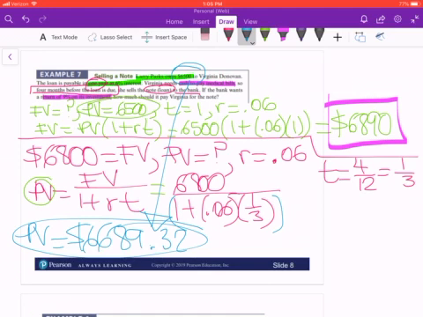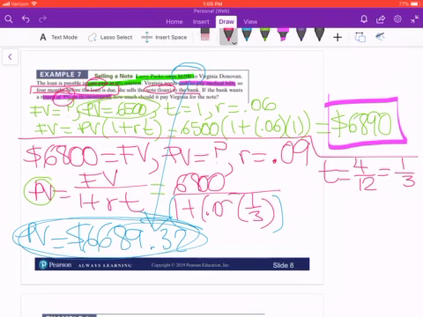Now the bank paid that much for it and put it in an investment, and actually I made a huge mistake here. This should be 0.09 for the bank, with the higher interest rate.